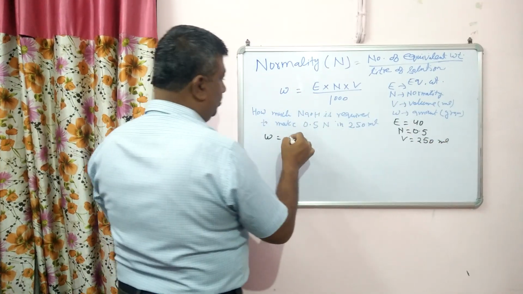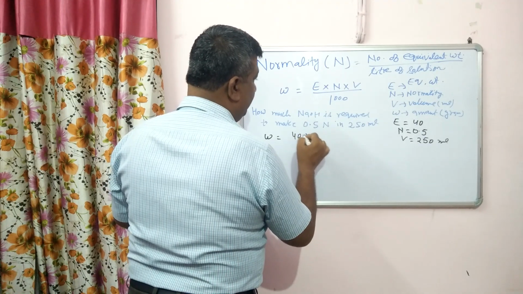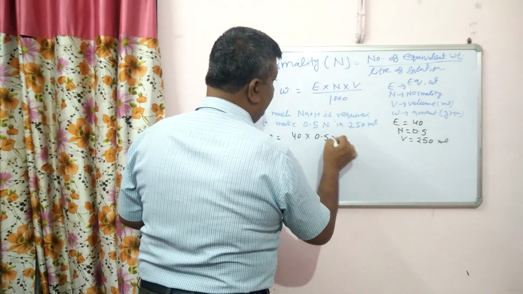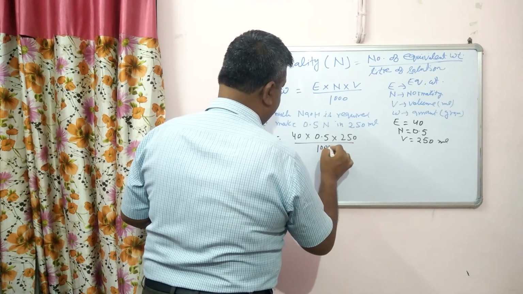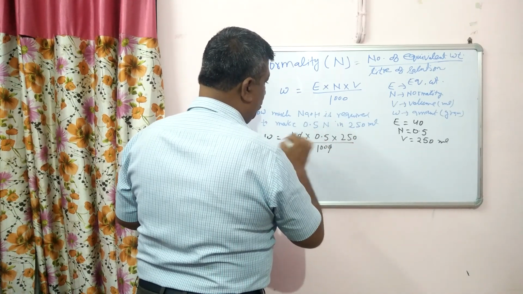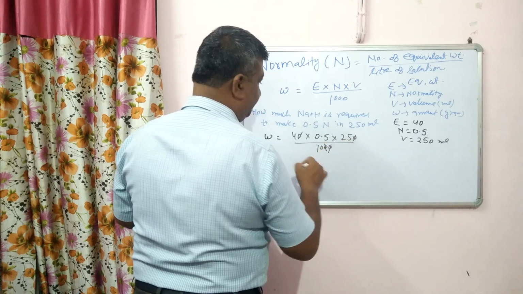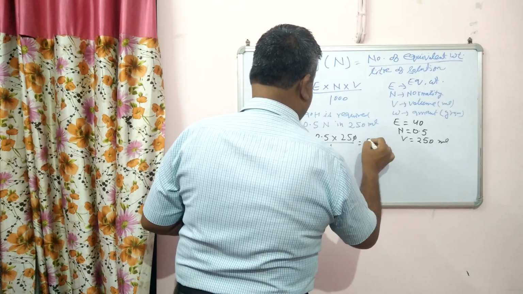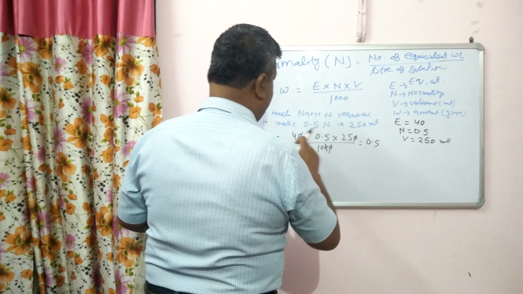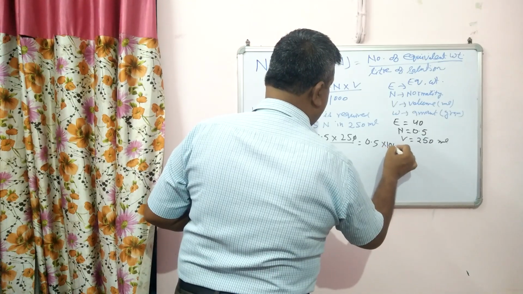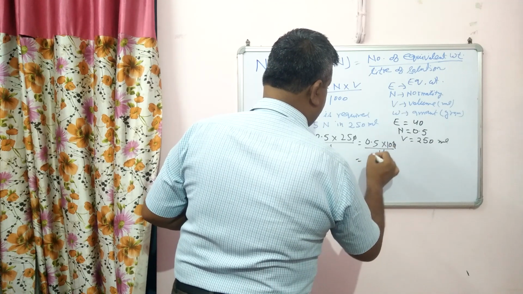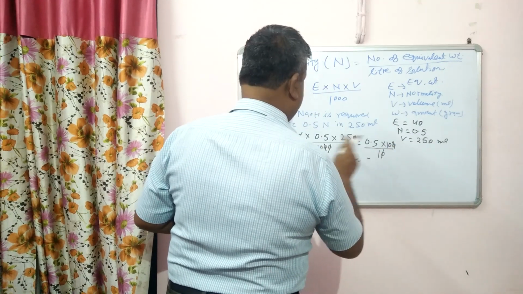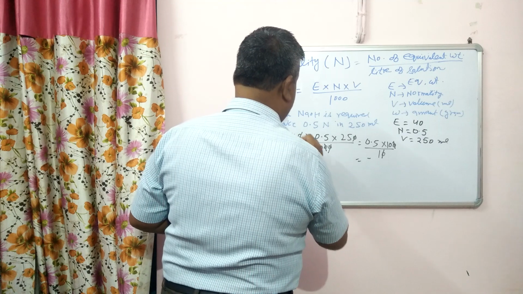So now W required is 40 multiplied by 0.5, into 250 divided by 1000.